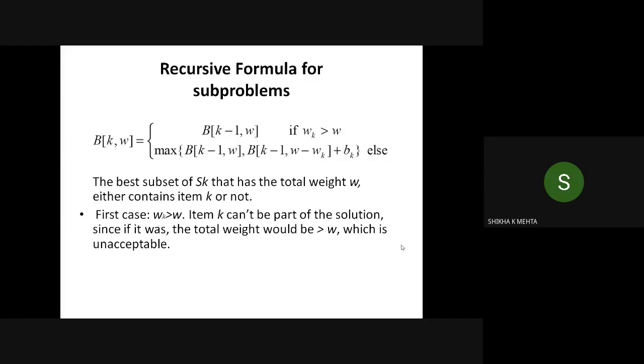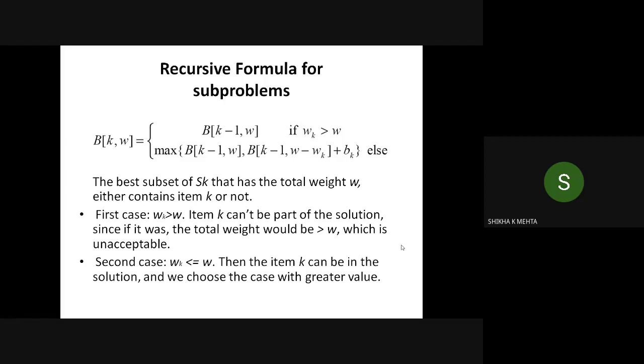We cannot accommodate this item, because it would increase the weight beyond what the knapsack can hold, so this case won't apply. So we look at the other case, Wk less than or equal to W. Then item K can be in the solution, and we choose the case with the greater value.